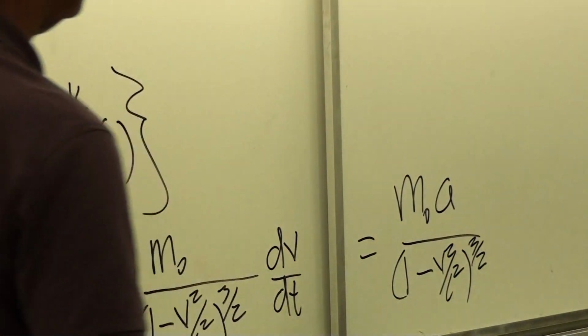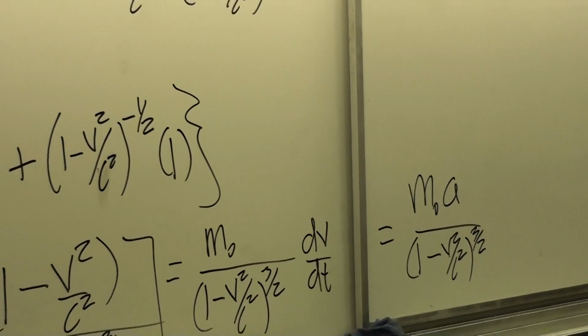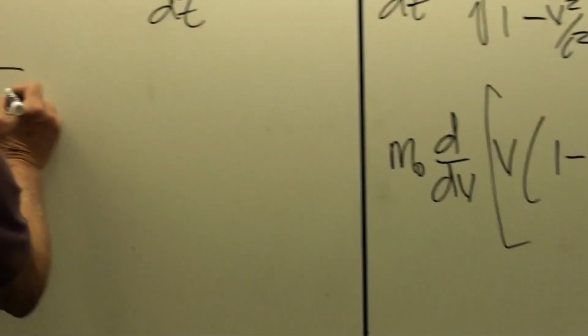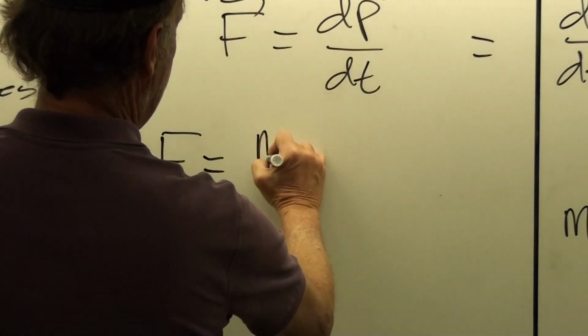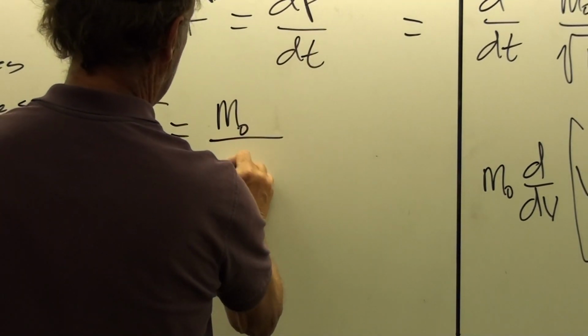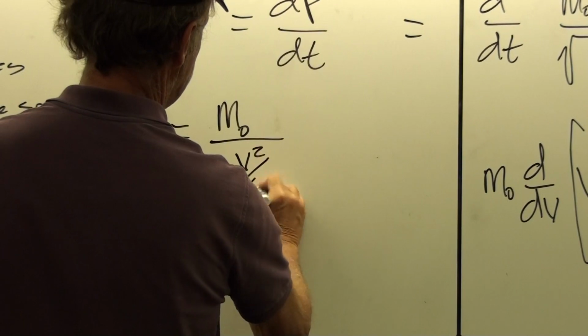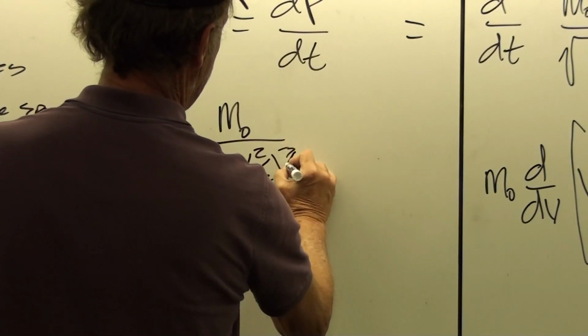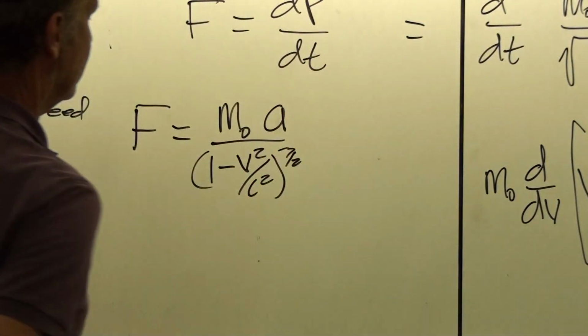So that's our expression then for our relativistic force. Our relativistic force is m naught divided by 1 minus v squared over c squared to the 3/2 power times the acceleration a.